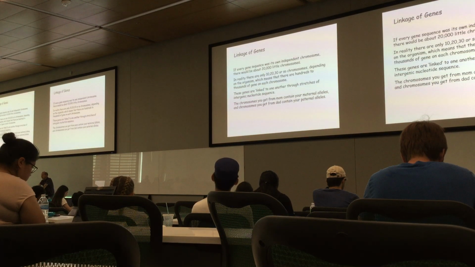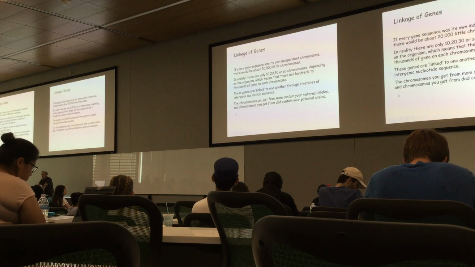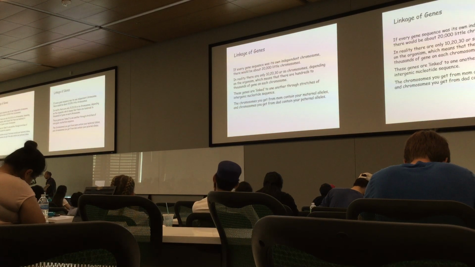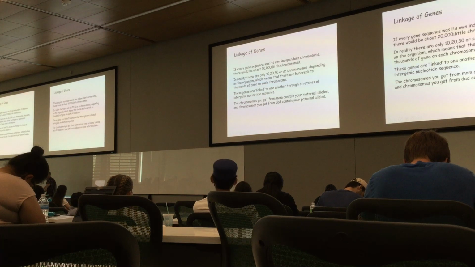But basically the idea is if every 20,000 gene unit in humans was completely distinct, you know, you could imagine they are all their own chromosome, and you have to split them up during mitosis and meiosis. That's a possibility, okay? So it's conceivable that there's 20,000 little chromosomes.